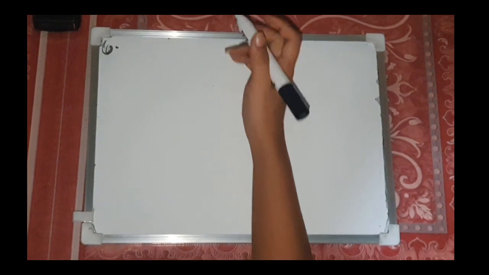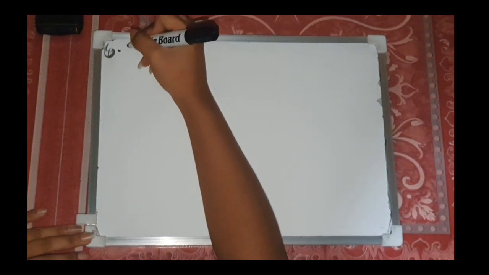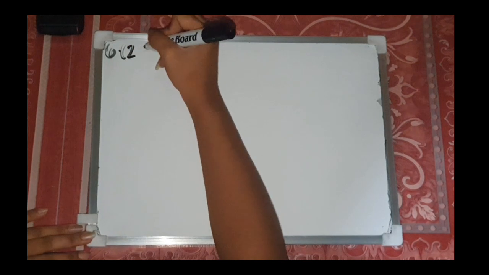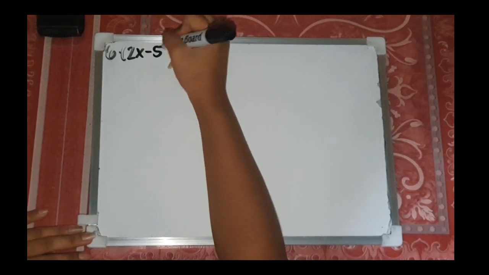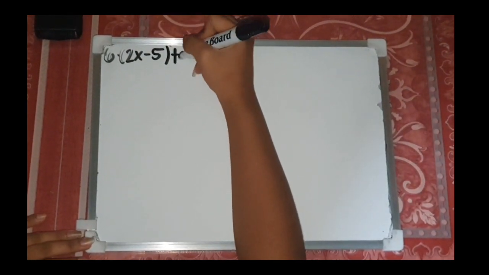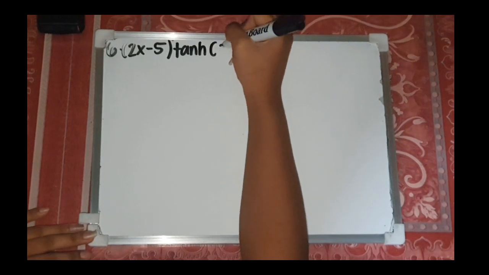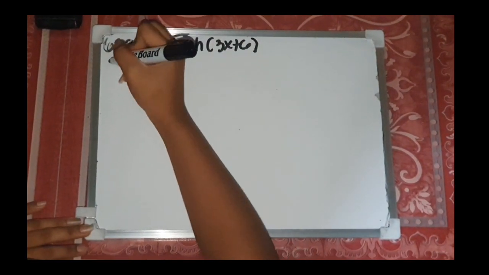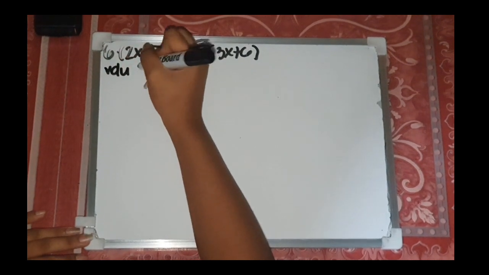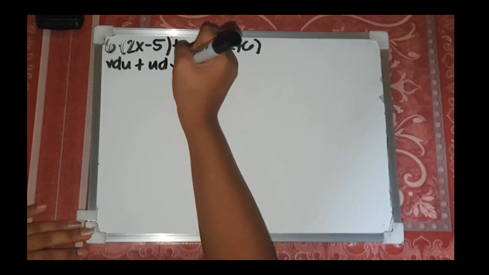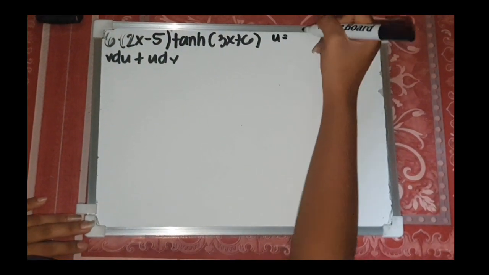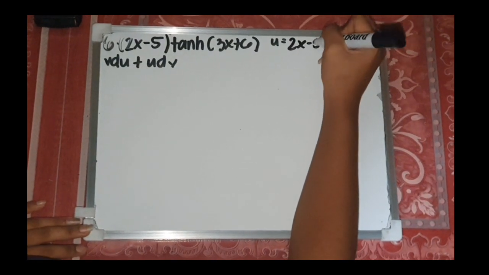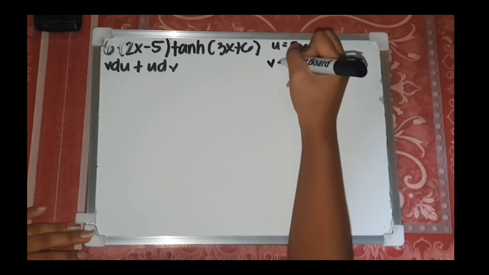Our sixth example is y is equal to 2x minus 5 times hyperbolic tan 3x plus 6. We're going to use the product rule, which is v du plus u dv. Let u is equal to 2x minus 5 and v is hyperbolic tan 3x plus 6.